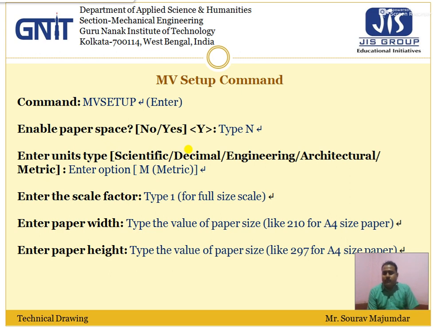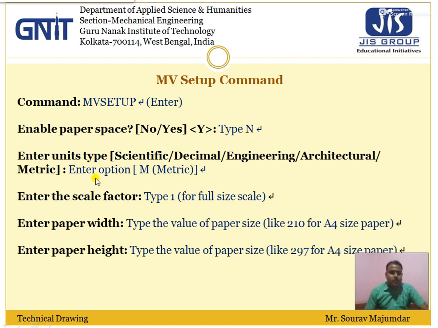If you type the first letter, the AutoCAD software will automatically understand whether you mean yes or no. So we only type n, enter. This n may be capital or small.